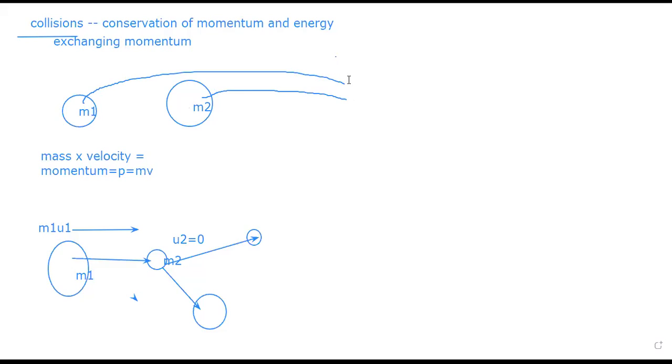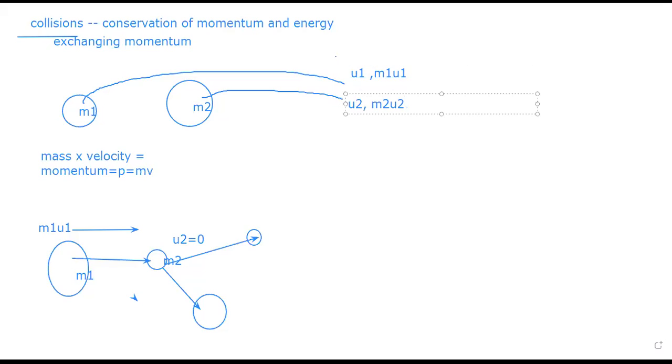So for this mass, the initial velocity is u1, so it will have momentum m1 u1. And this mass here is also in motion. This is the mass m2, moving with the velocity u2, and it has the momentum m2 u2.